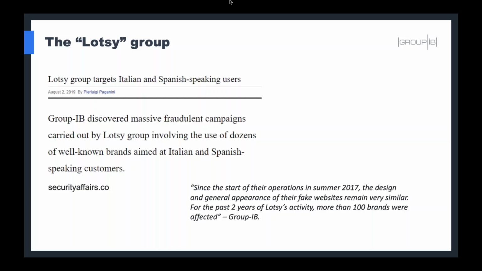But the point is, this big scheme which I just described during this webinar has been used for at least 2 years by a huge group of cybercriminals, and it could be targeted on just each brand. And all of you need to think about this problem, about this issue.